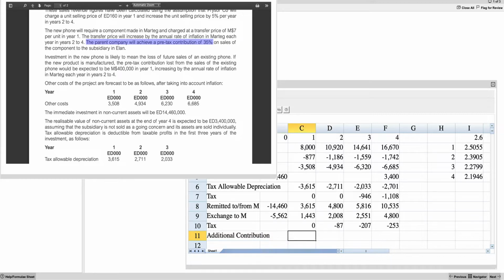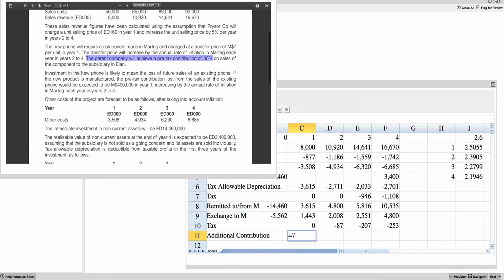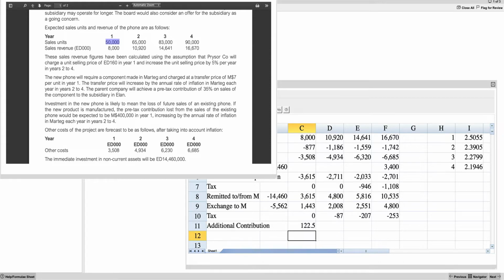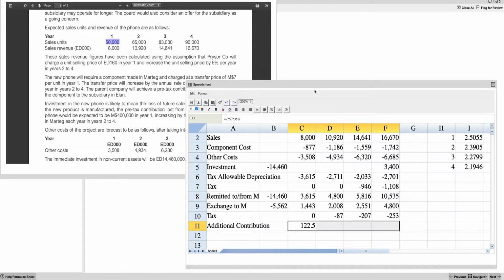And if you remember from the first part of this question, we charged M dollars of 7 for every unit that's sold, times by 50, and that's already in M dollars, isn't it? So times by 35%, which was the contribution on sales. Okay, and for all of these then, I'm going to make it no decimal places.